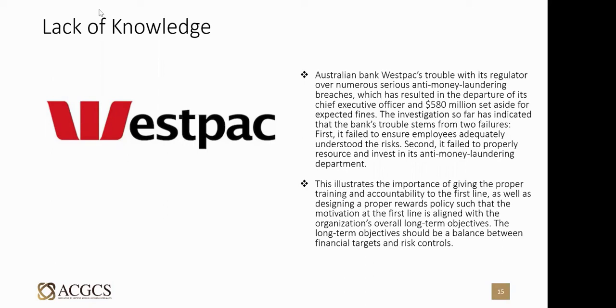It has to be a good balance between long-term objectives of increasing client portfolios and all of that, but also, what this teaches you is that financial targets and risk controls have to come side by side. They can't be operating in different silos, because that's when problems happen.